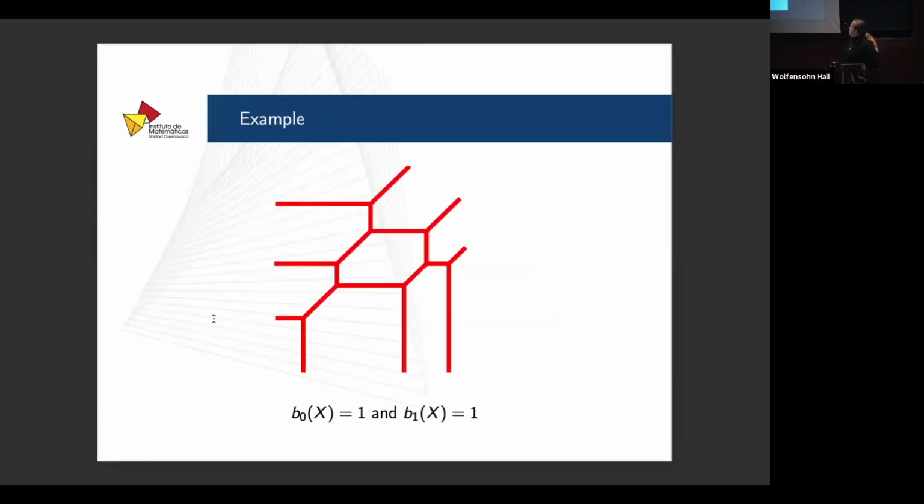For example, here we have again a cubic curve where the zeroth Betti number is 1 because it's connected, and the first Betti number is 1 because we have genus 1. If anybody doesn't know about Betti numbers, just think of them as a generalization of the genus, because we're going to study mainly the top Betti numbers.